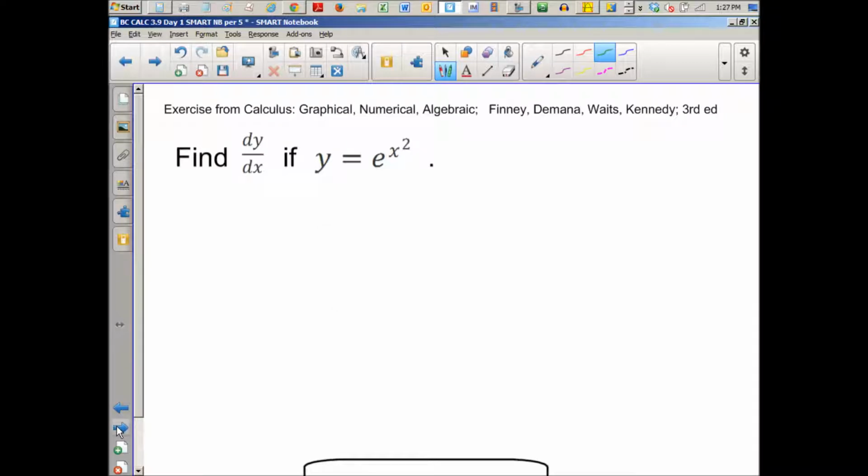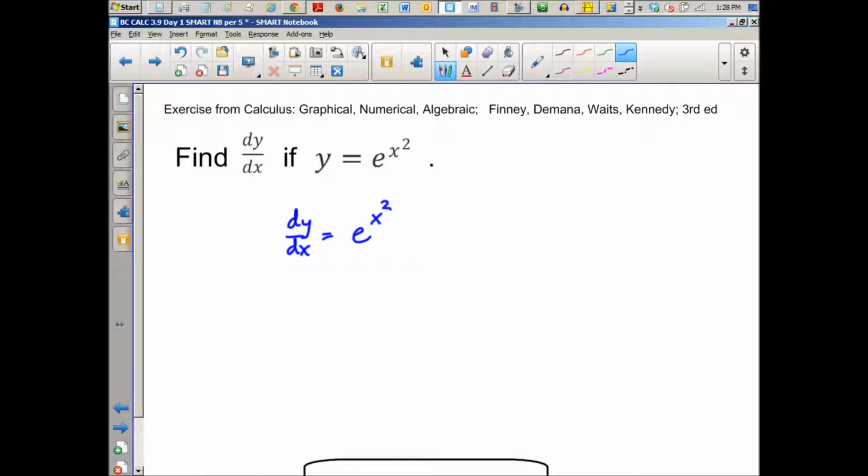So the first example I chose is e to the x squared, and we're just going to try and take the derivative of that. So we'll start with the fact that it is primarily e to the something, right? If it looks like e to the something, then the derivative is going to be the original. But the chain rule is in effect.